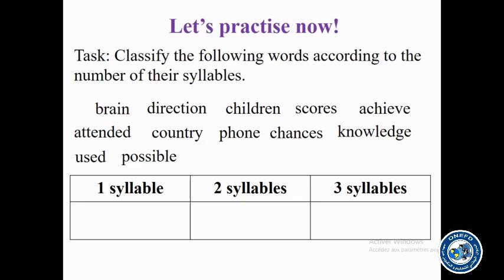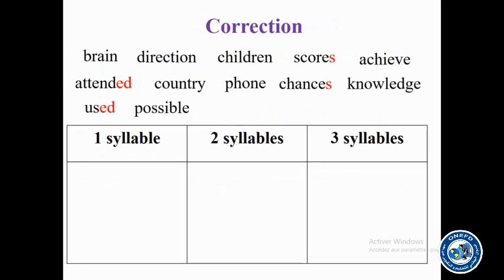Do your best and we meet for the correction. All right. Let's see what you did. Notice that I highlighted the words ending in S and in ED, so that you pay particular attention to these words.